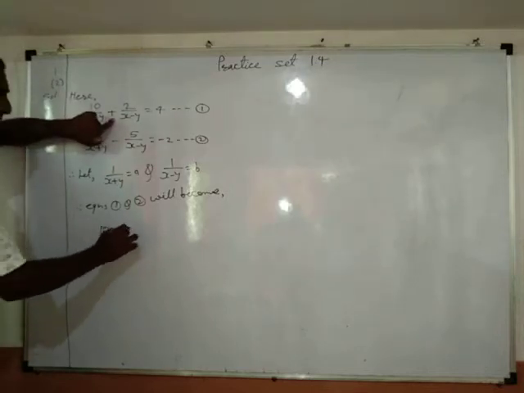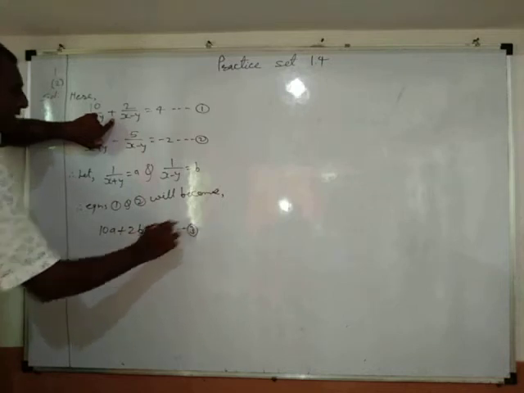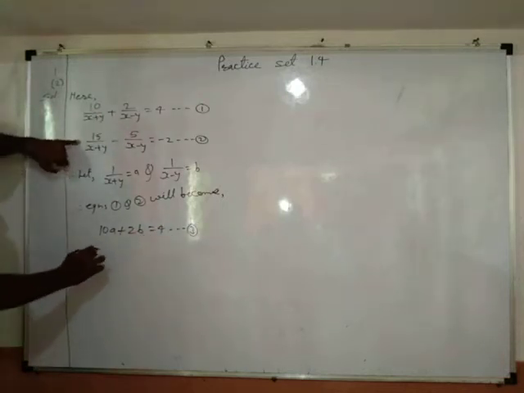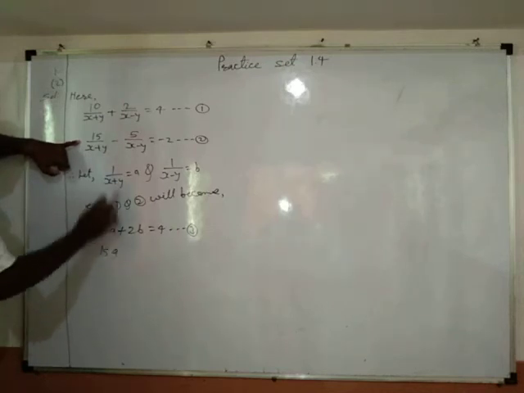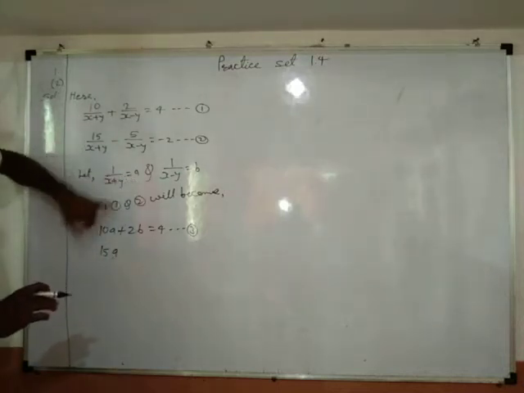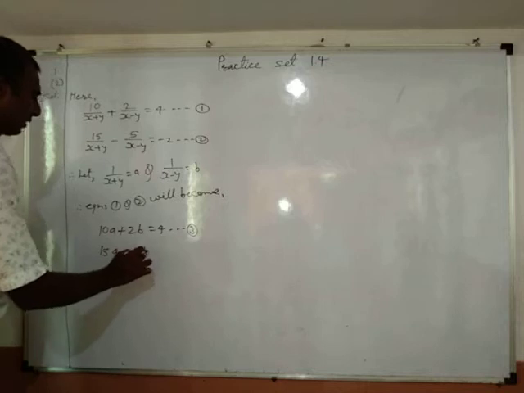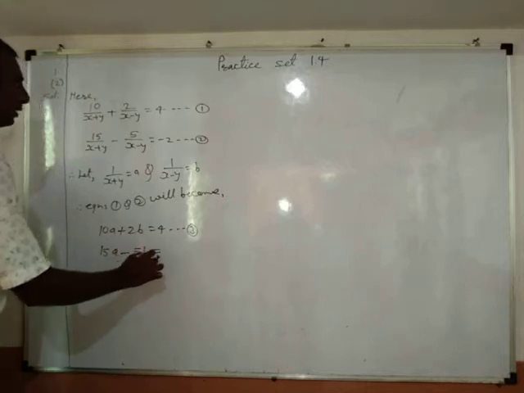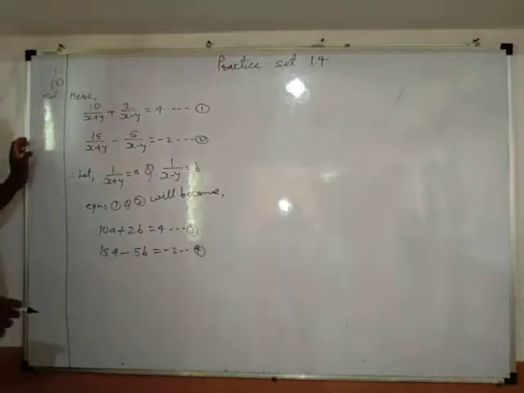Similarly, plus 2b equal to 4. Let's call it equation third. It will be 15a, as we considered 1 upon x plus y as a, 15a minus 5b equals minus 2, equation 4.